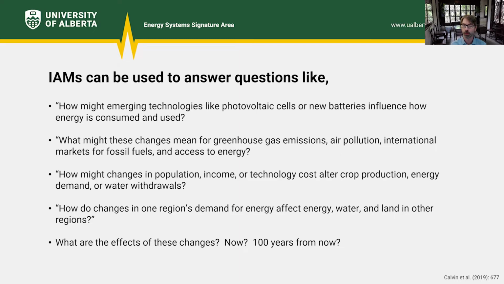How might changes in population, income, or technology cost alter things like crop production, energy demand, or water withdrawals? And how do changes in one region's demand for energy affect energy, water, and land in other regions? And of course, what are the effects of these changes now and potentially 100 years from now?